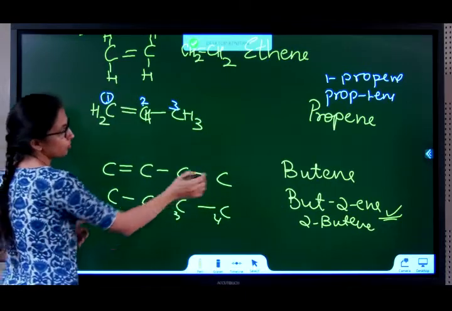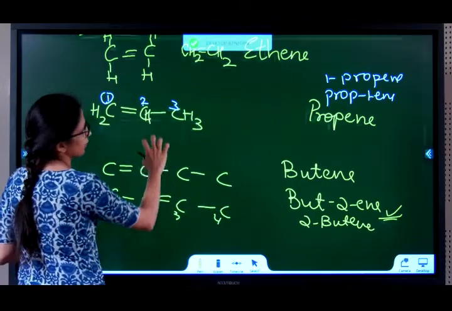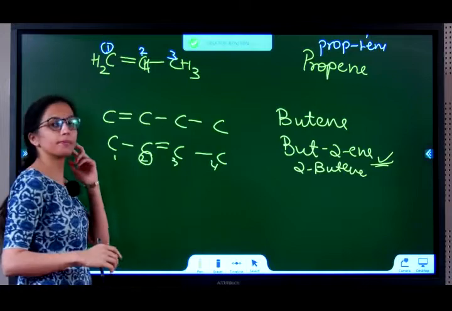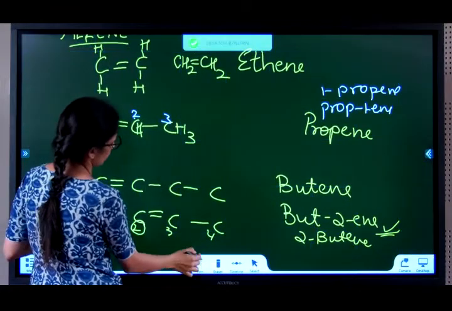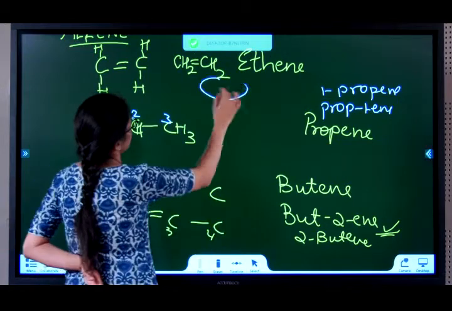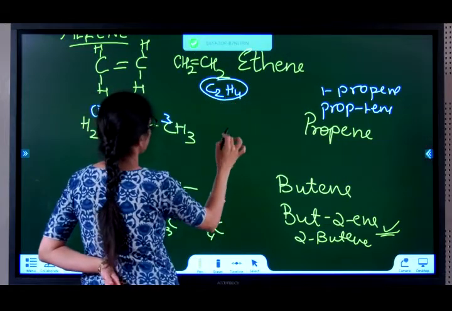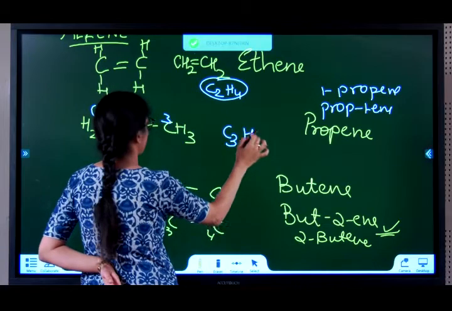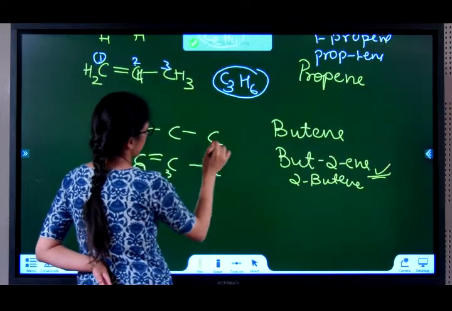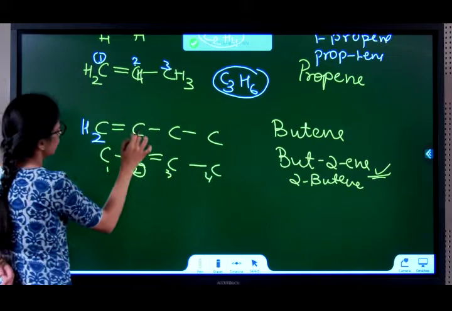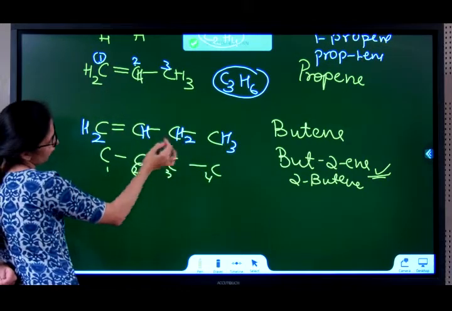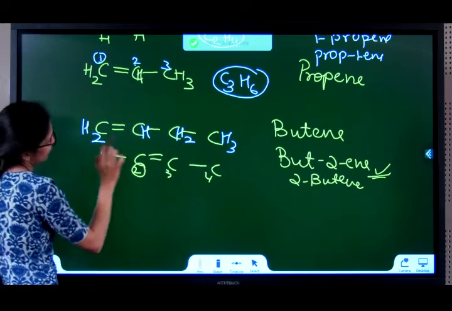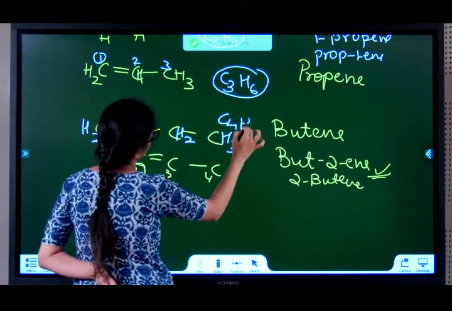Okay. So these two are the same, but they are isomers now because formulas are the same, but structures are different. Let me just group the formula. C2H4. Here C3H6. Here CH2, CH, CH2, CH3, C4H8.